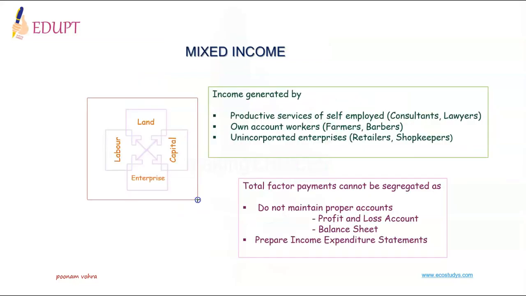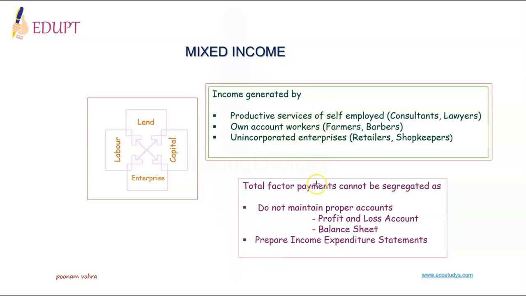Mixed income is related to the combined income from all the four factors of production. It is the income of self-employed and refers to the income generated by own account workers and unincorporated enterprises like retail traders, small shops, and arises from the productive services of self-employed.